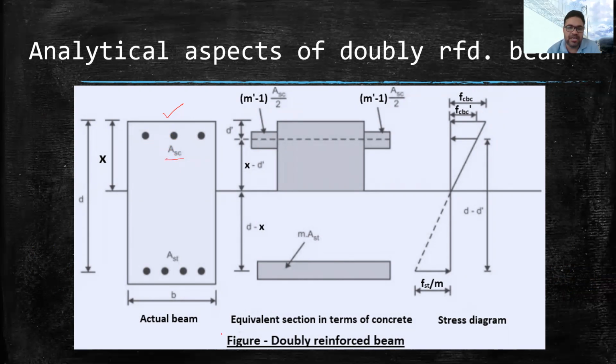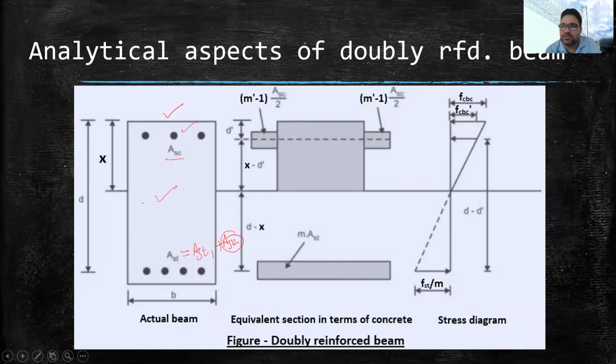Similarly, the area of steel provided in the tension zone is AST, and this AST is the sum of AST1 plus AST2. AST1 is to balance the compressive force carried by the concrete, and AST2 is the area of steel which is there to balance the compressive force carried by the compression steel. So this is the actual beam.